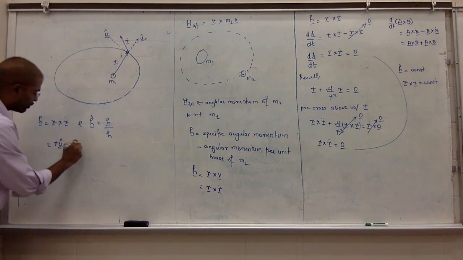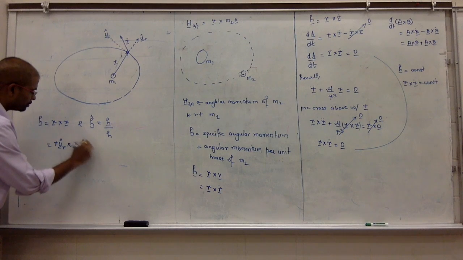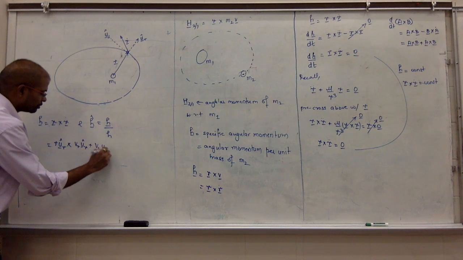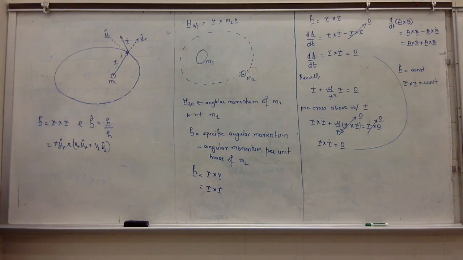There is a radial component, I'll call this V_R, UR, plus V perpendicular, U perpendicular. Does this make sense?